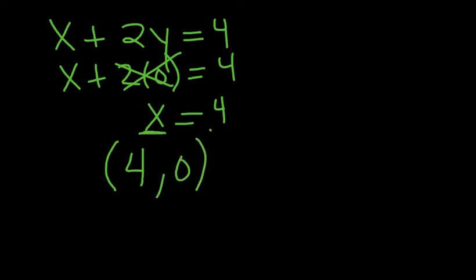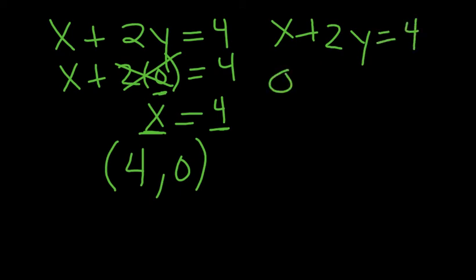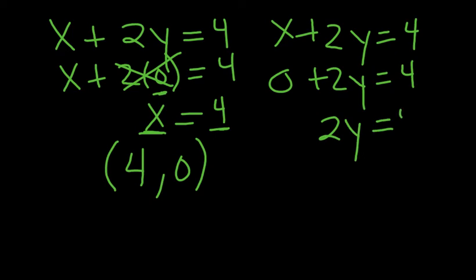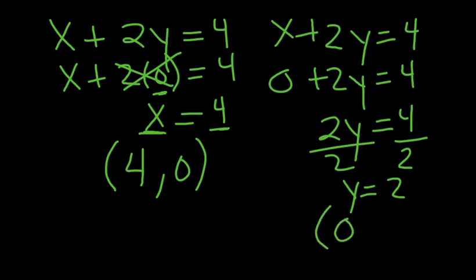Because x always comes first, and we put 0 in for y. Now you do it again, same equation, only this time put 0 in for x. So 0 plus 2y equals 4. Well, that's just 2y, and y is going to be 2. So that's the point 0, 2.